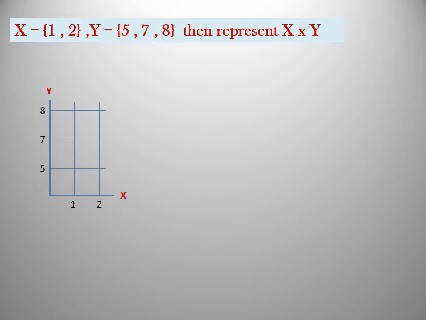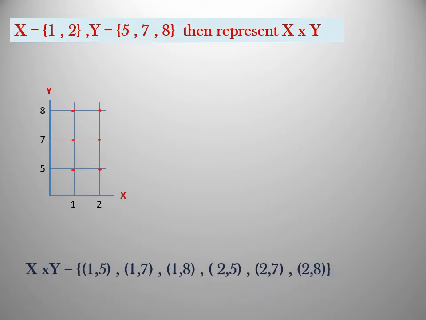And this graph, we call it the Cartesian graph. This is x crossing y, and I will determine the 6 points from the graph, as we said.